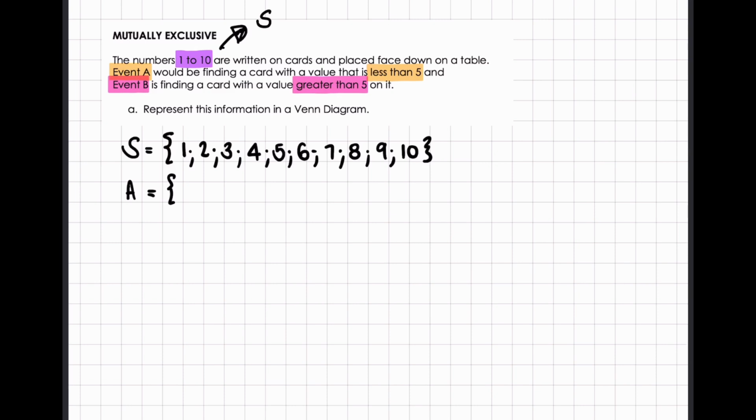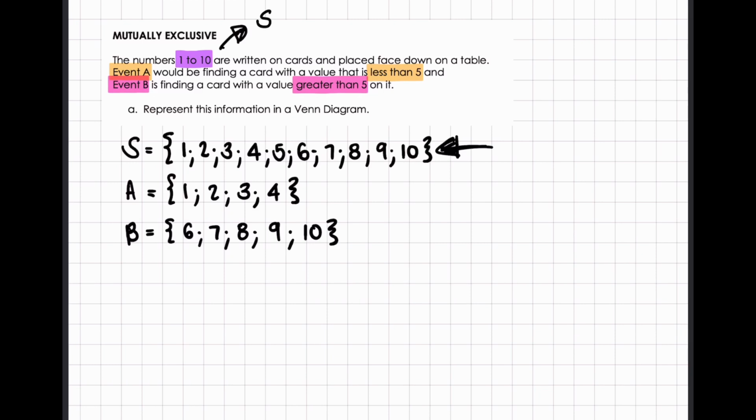The numbers less than 5 in those cards are 1, 2, 3, and 4. Then event B is picking a card that is greater than 5, so that would be 6, 7, 8, 9, and 10. Now when you're looking at this, you could pick out that a number that's not being selected at all would be the number 5.